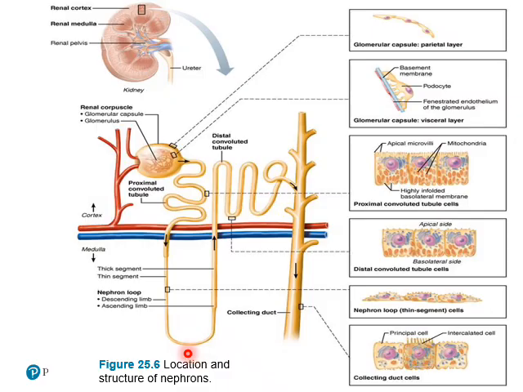From the thin limb, it goes on to become lined with cuboidal or columnar cells, like in this area here. And finally, your distal convoluted tubule, which is also lined with cuboidal cells with very few microvilli. They function more in secretion rather than absorption.